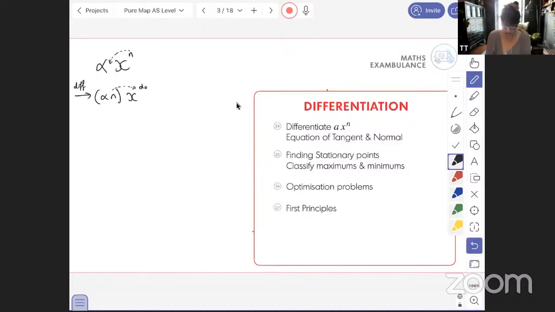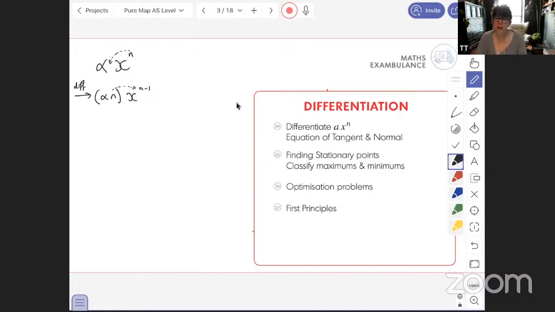So this is now going to be n minus 1. So it's the complete opposite of the thinking process for integration: we pull it down, then we take 1 off. Whereas with integration, we add 1 on and then we divide. So that's why it goes wrong, because the order in which you have to think switches. So that's why those brackets on the integration can be really, really helpful.